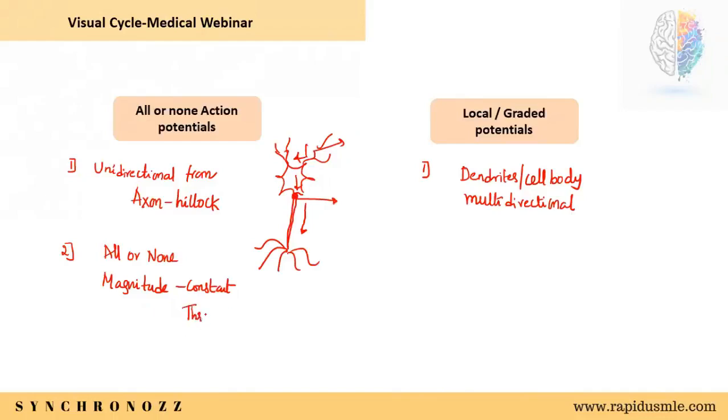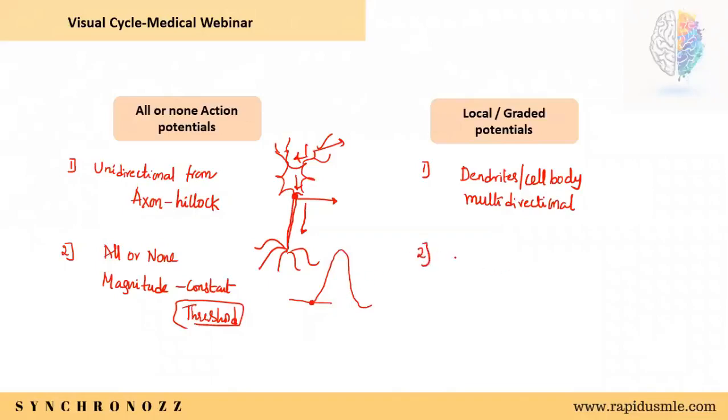Once the threshold is reached, irrespective of the magnitude of the stimulus, once the threshold point is reached, there is always an action potential which is produced. So there is either an action potential or not. That is what happens with all or none action potential.